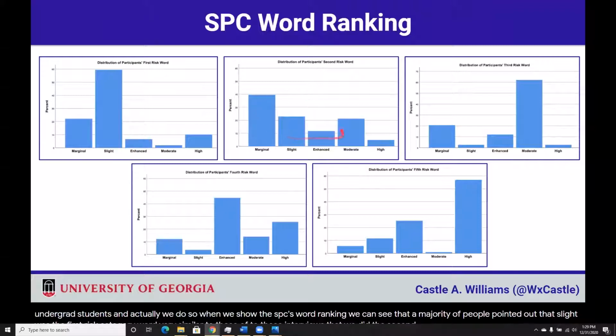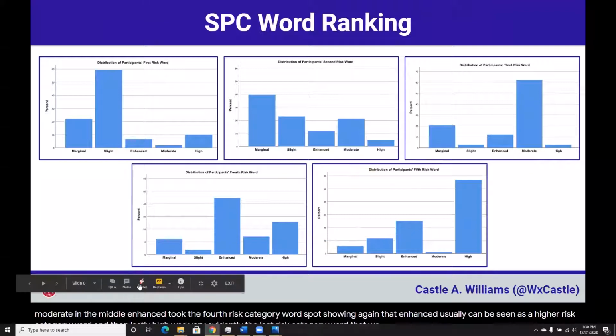The second risk category word was kind of a toss-up, but marginal again took the lead here. The third risk category word, which again is the middle, people felt as though that should be moderate in the middle. Enhanced took the fourth risk category word spot, showing again that enhanced usually can be seen as a higher risk category word. And then lastly, high was very evidently the last risk category word that we saw.